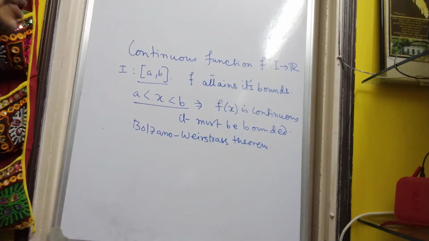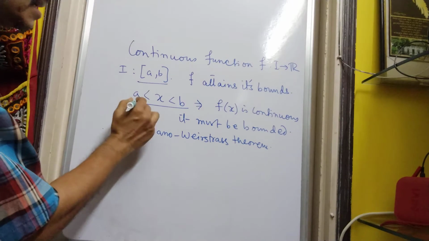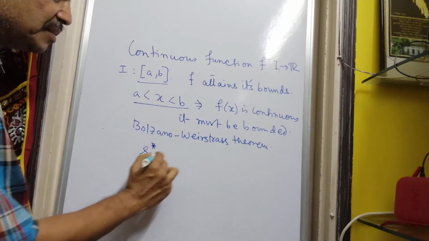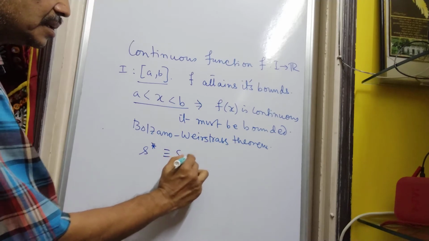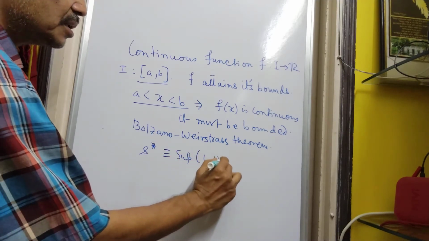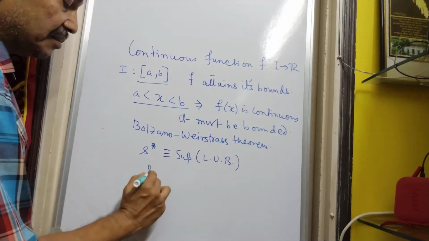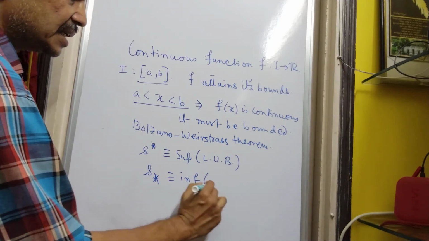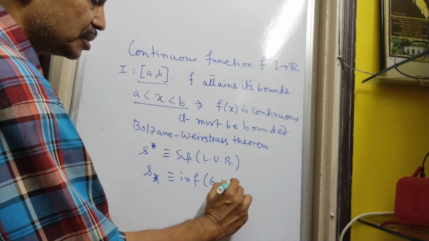And we intend to prove that f attains its bounds. It means that since x is bounded, it has a supremum, or least upper bound, and an infimum, which is the greatest lower bound.